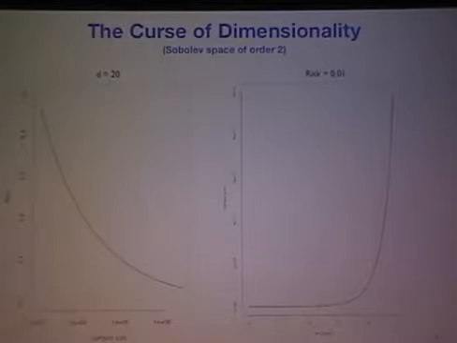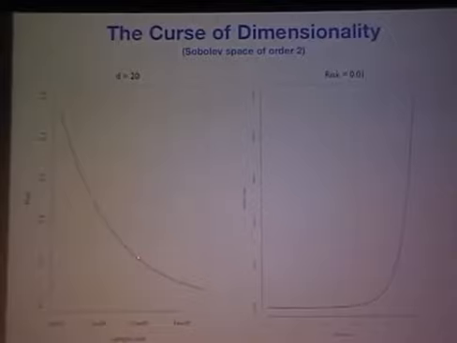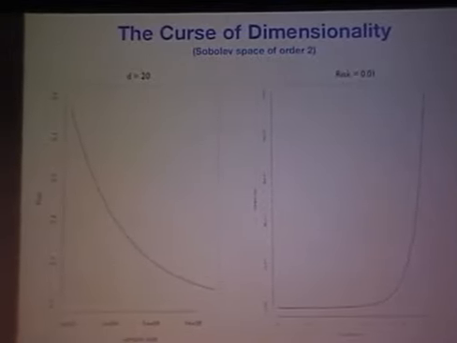So what I've done here is to plot this curse of dimensionality for the Sobolev space of order 2, where we only assume the function has 2 derivatives. And then this shows the risk as a function of sample size, right? So to drive the risk below 0.1, we would need a million samples. And here's the same plot viewed in a different way.